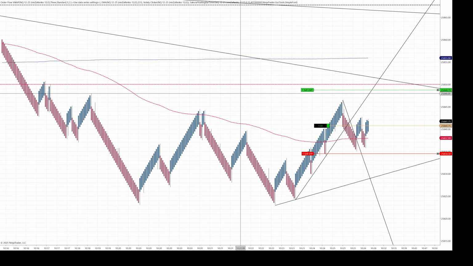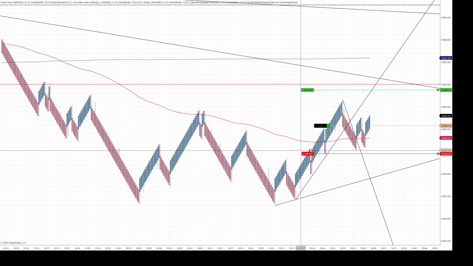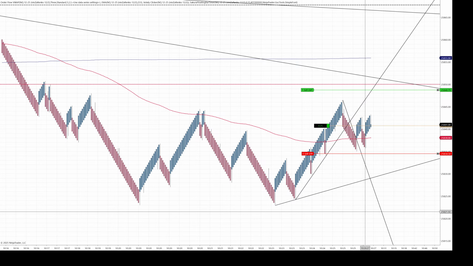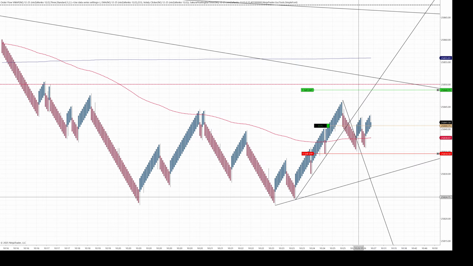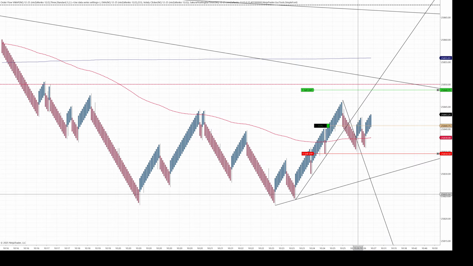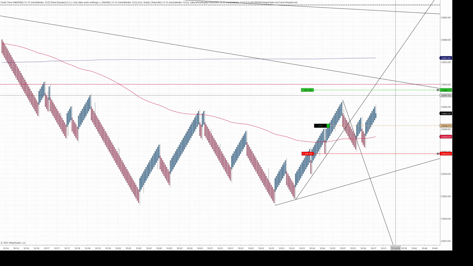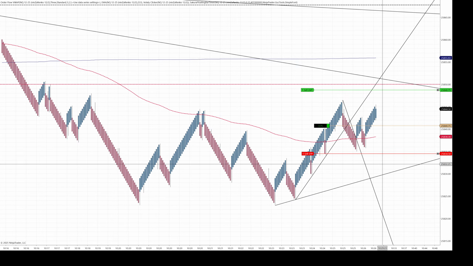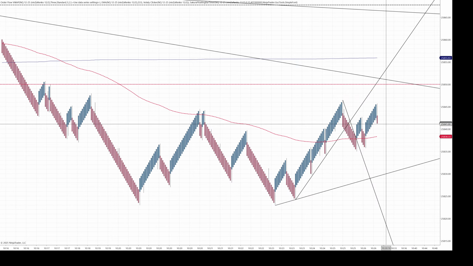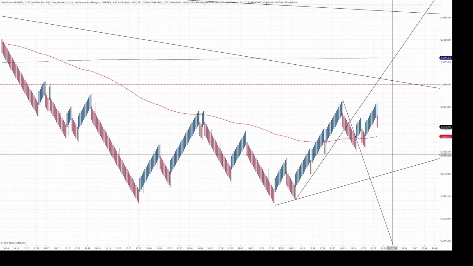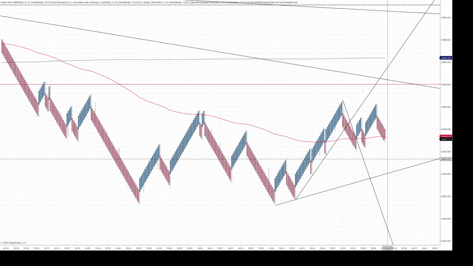Maybe I misread this situation. I would like for it to come back and retest 50 essentially. That's the premise of this trade here. I've locked in break even. Okay. I got out at break even.